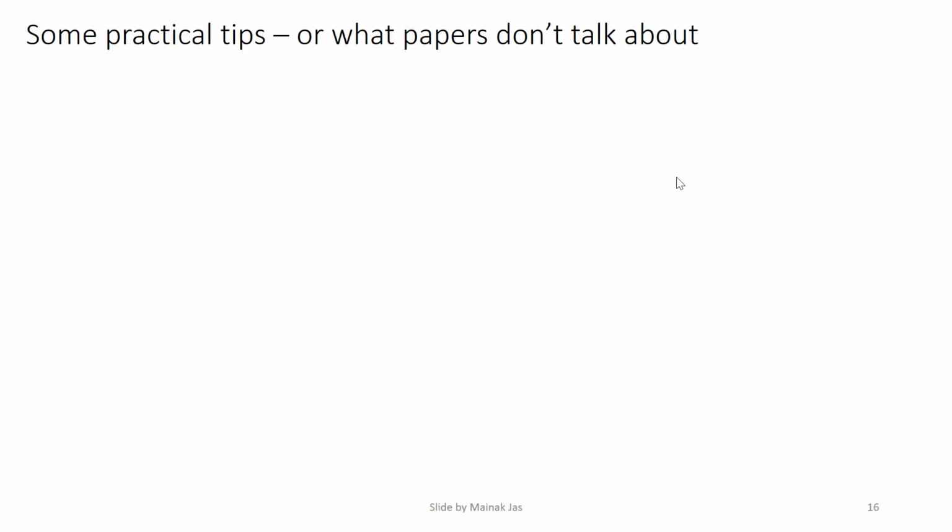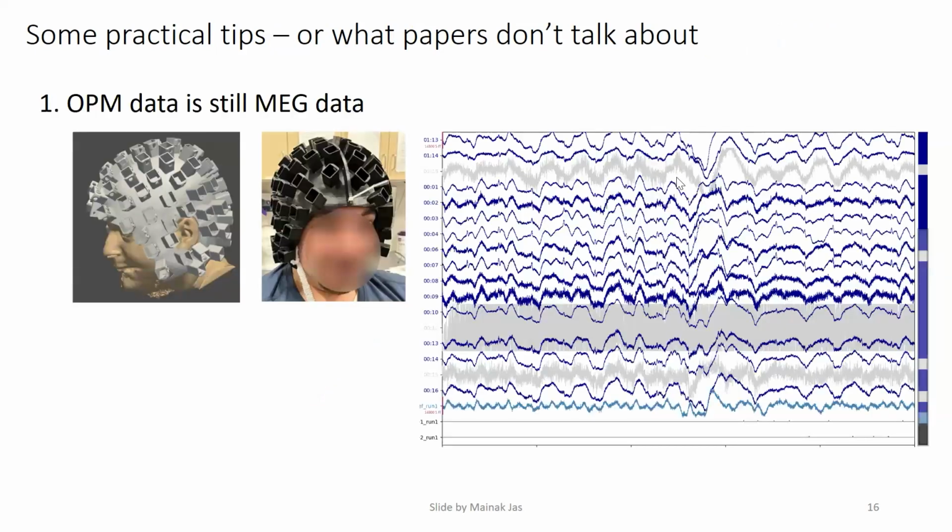Some practical tips or what the papers don't talk about, and this is my last slide. So one thing to remember is that OPM data is still MEG data. So initially, when we started making our helmets, we printed these really nice 3D helmets, and we saw this artifact, and we were wondering what the hell is going on.